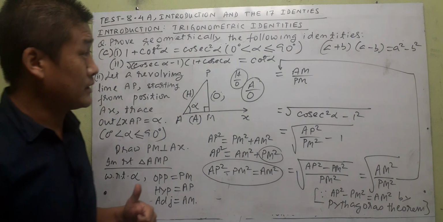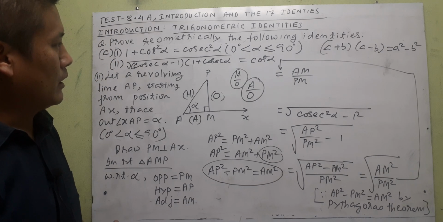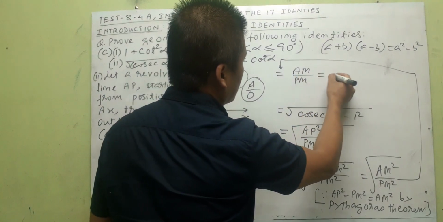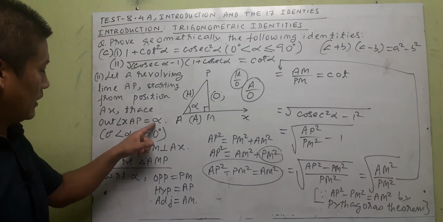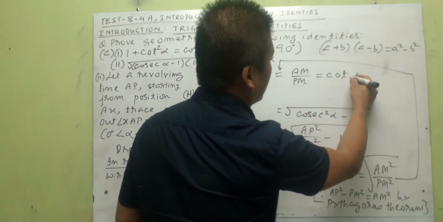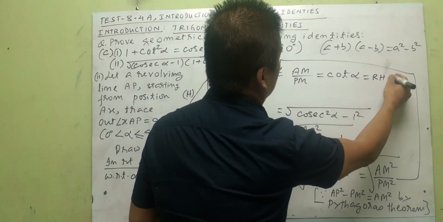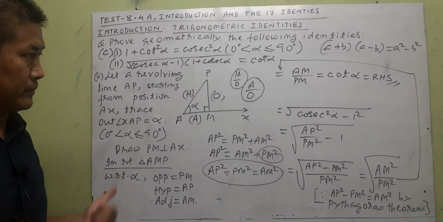Yes, that's correct, adjacent by opposite is cot. So we write cot, and the angle involved here is alpha, which is exactly equal to the right hand side. So we have proved all this by the geometric method.